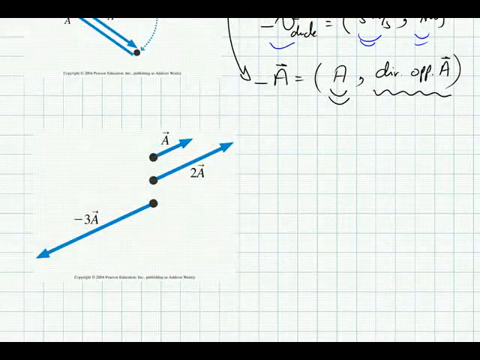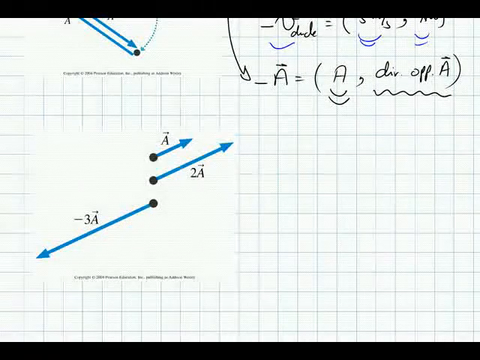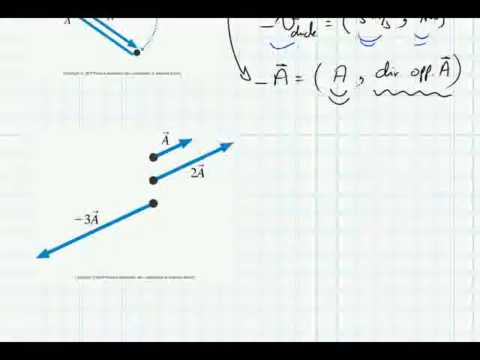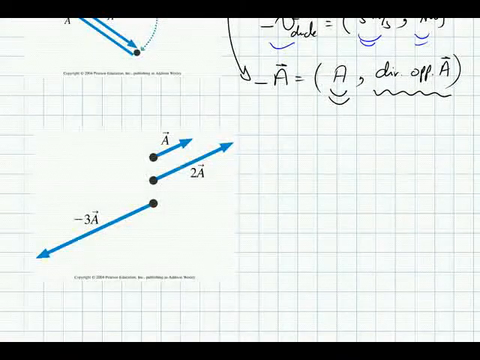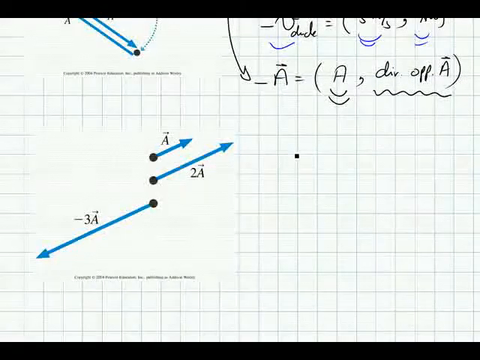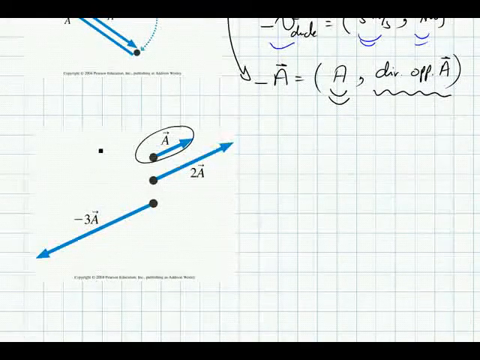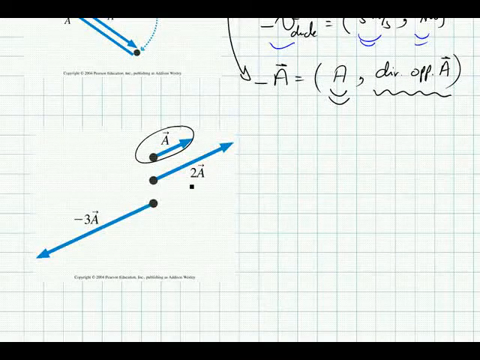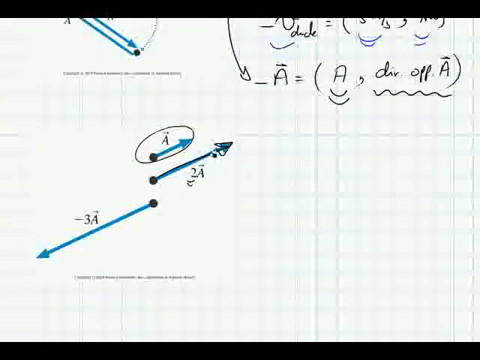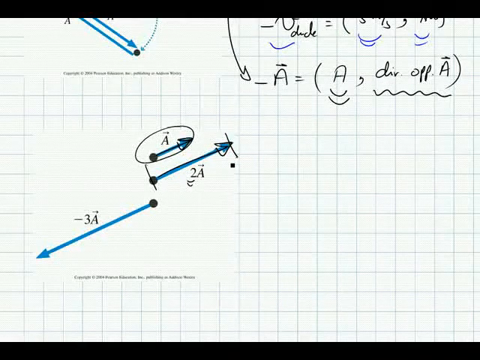So here I have 3 vectors. For example, we have vector a. If you multiply vector a by a scalar 2, you end up with 2a. 2a is pointing in the same direction as a, but has twice its magnitude.